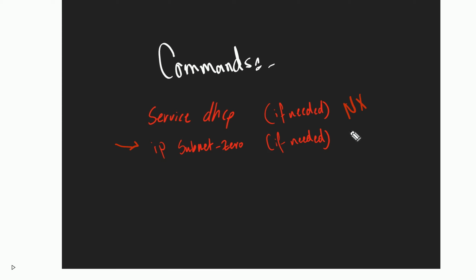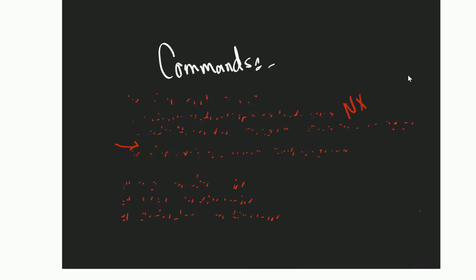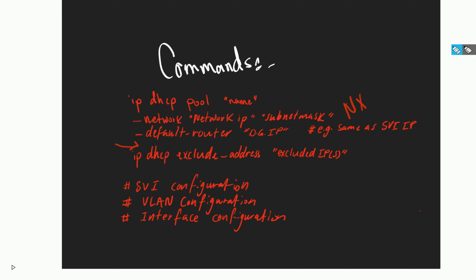If you're using a newer switch, you might not need that command for the DHCP service to work. The other commands that are used are the pool, ip dhcp pool, network, default gateway. Let's remove that. As I said, I recommend using it. It's not a must, but it's recommended.